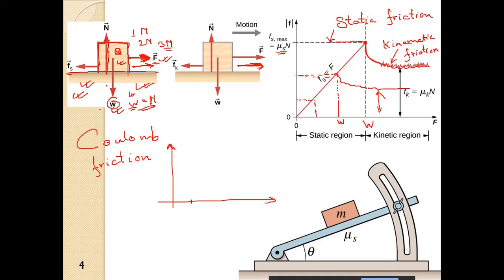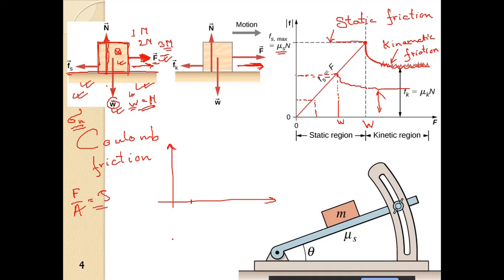If we divide it by the area, it will be normal stress. So we have the normal force, and then we go on applying the tangential force. If we divide the tangential force by the area of contact, it will be the shear stress.